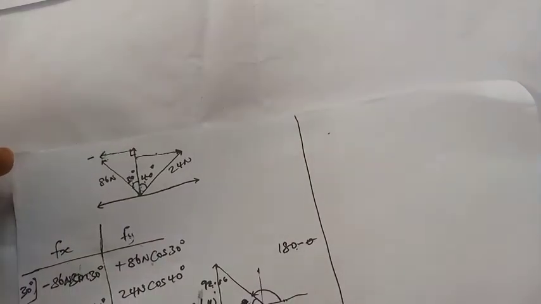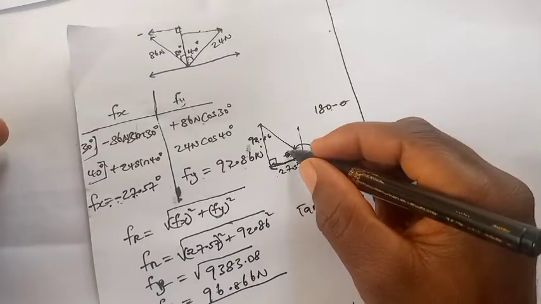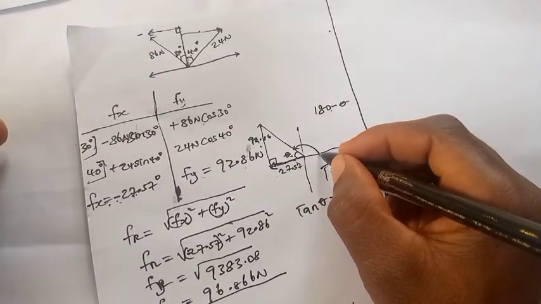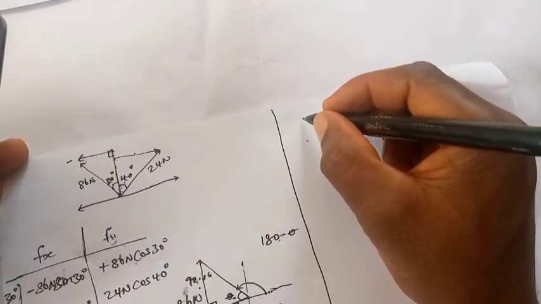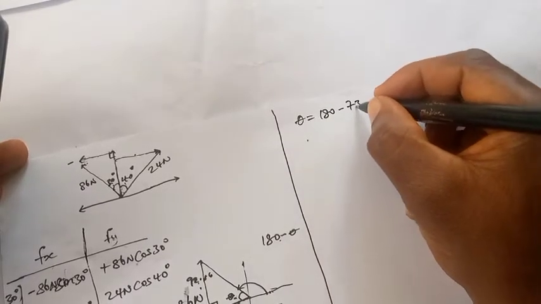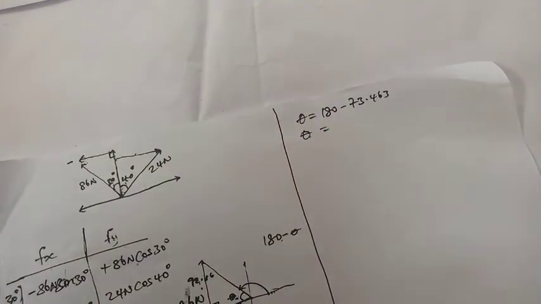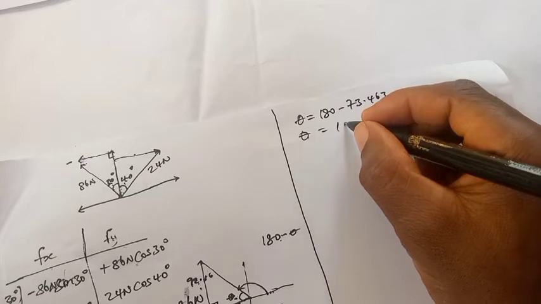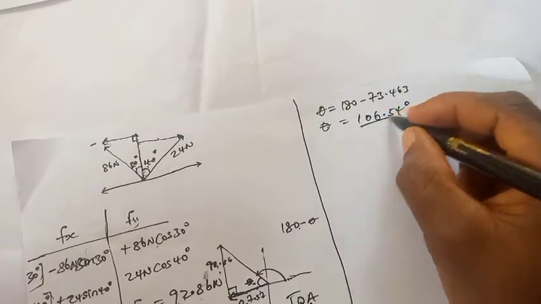And so this 73.463 degrees is our reference angle. That is this angle here. But we're going to find the angle it made with the horizontal positive x-axis. So we're going to say that our angle theta is now equal to 180 minus 73.463, which is 106.54 degrees.